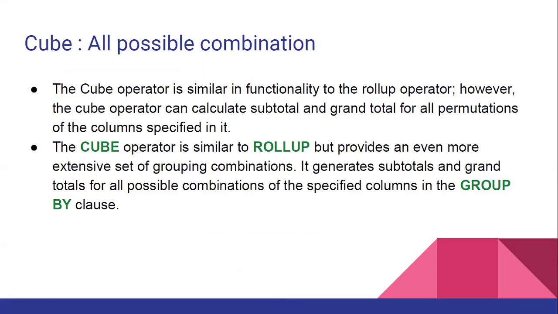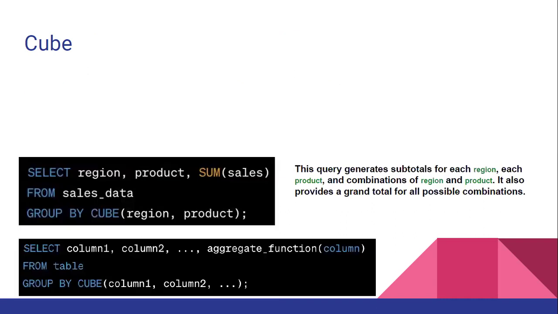Then we moved to cube. Cube is very similar to the rollup operator, and the difference is that cube gives the subtotal and grand total of all the permutations. We took the example of department and gender. In rollup, we were only getting data for the departments and their sum of salaries. But when we went to cube, we had data for departments and their salaries, as well as the records for gender, which is F and M, and their total salaries.